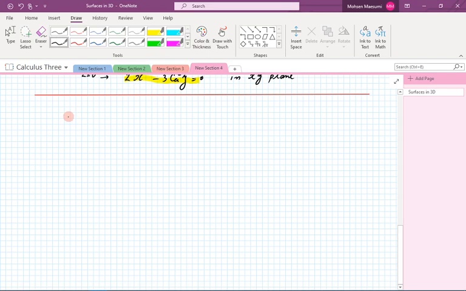So we have a hyperbolic paraboloid, z is equal to y squared over b squared minus x squared over a squared, and the problem is asking you to find the intersection with a plane given here. A plane is given with bx plus ay minus z equal to 0.